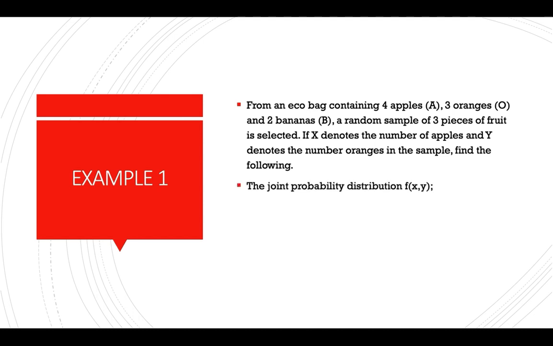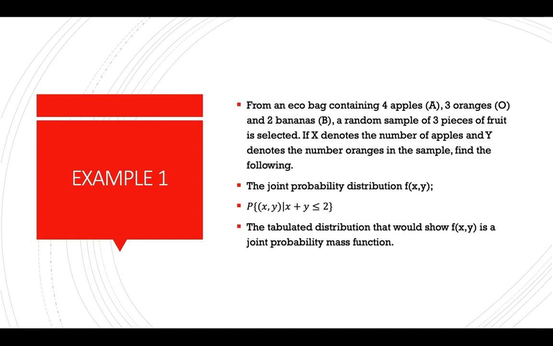The discrete joint probability distribution f of xy, the probability that xy, all possible xy such that x plus y is less than or equal to 2, and then tabulate the probability distribution that would show that f of xy is a joint probability mass function.